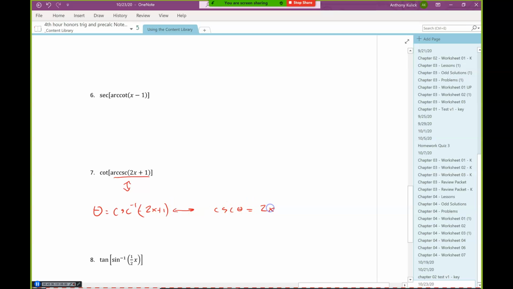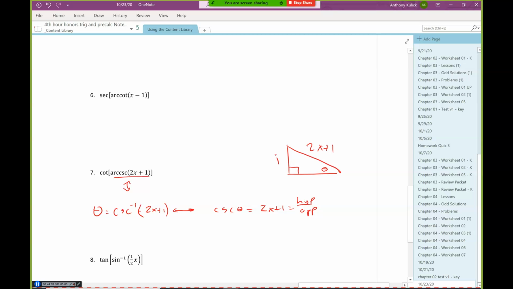So there, that's my theta. Oh, sorry, hypotenuse over opposite. So to find that adjacent side, I need to do the Pythagorean theorem. I'll just call it y for now.